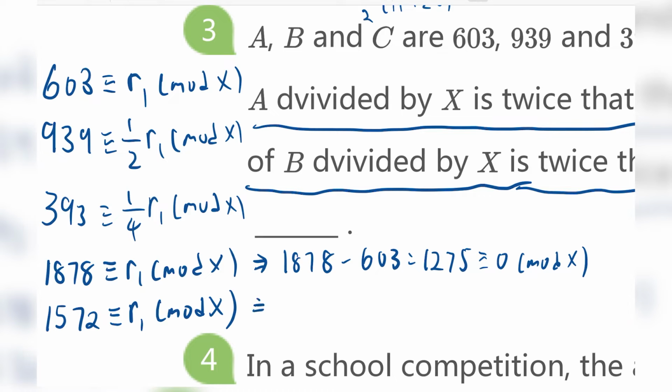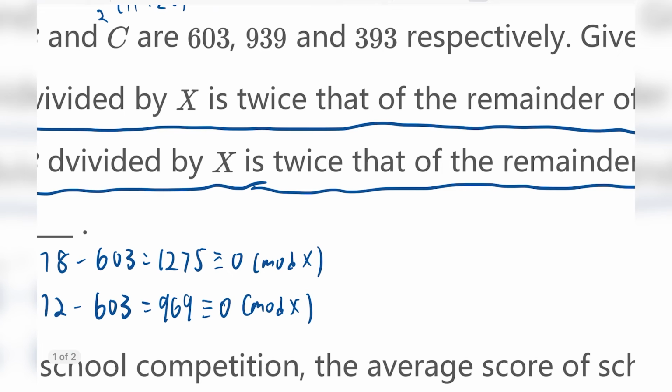In the same fashion, I'll take 1572 minus 603, and it's going to give us 969, congruent to 0 modulo x. Aha, so that means x must be a factor. X this time around must be a factor of both 1275 and 969. So we are going to look for the highest common factor this time around.